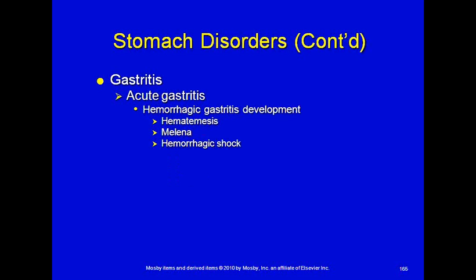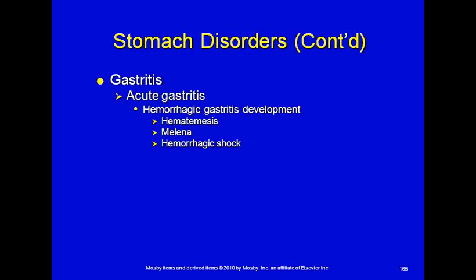Hemorrhagic gastritis may develop as a result of chronic inflammation of the stomach, and in that case they may develop some hematemesis, so they may be vomiting up some blood. The blood may be bright red.